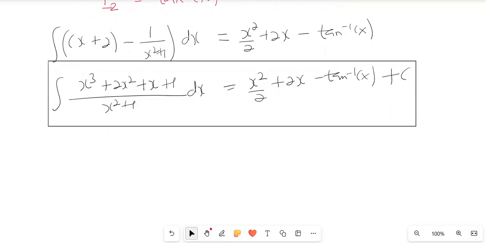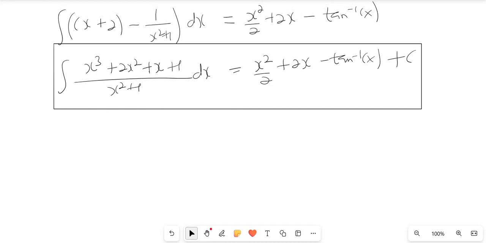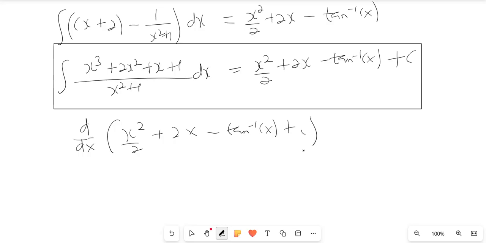So this is the value of this integral. If you want to verify that this is the answer, you can differentiate what you got, x squared over 2 plus 2x minus tan inverse of x plus c.